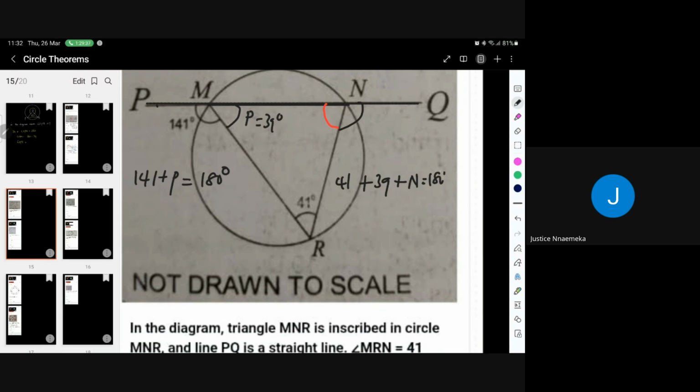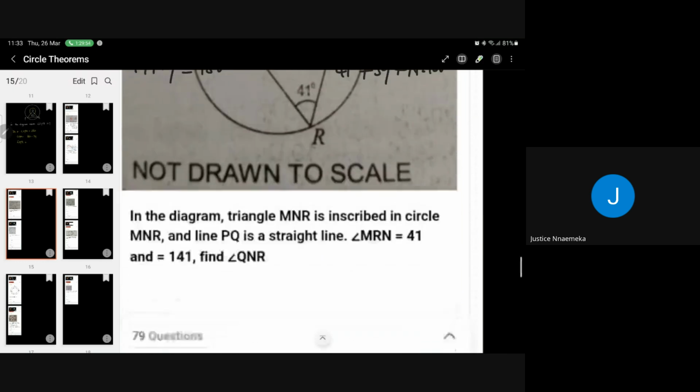So 39 plus 41 is 80. So 180 minus 80 will give us 100. So that means that here is 100. Are we together? Do we agree? So now who can tell me what this line is going to be? It's going to be 80 now, because it's also angle on a straight line.